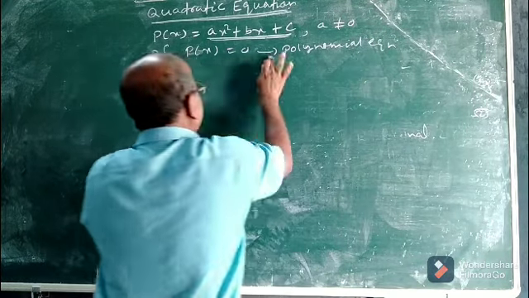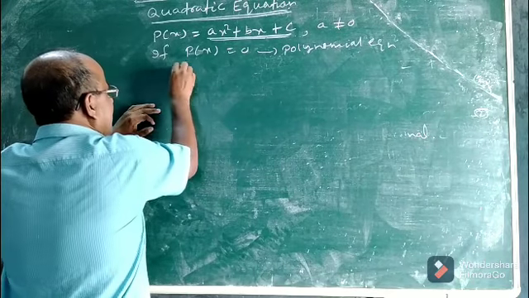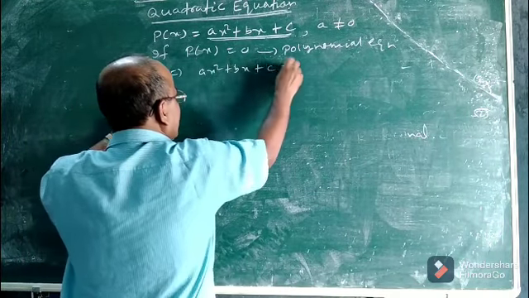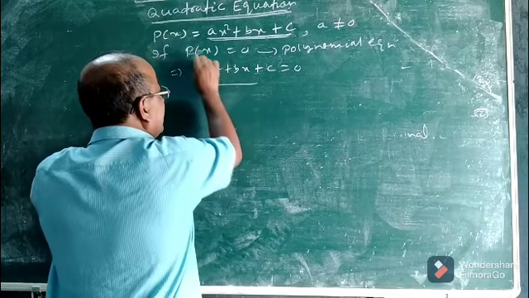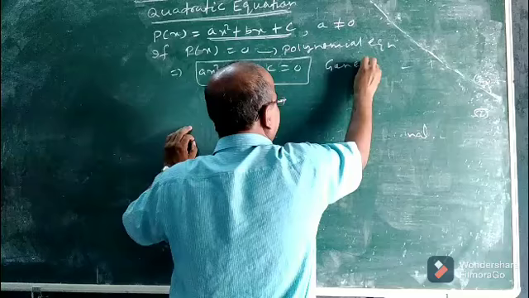This polynomial equation p of x equal to 0, that is ax square plus bx plus c equal to 0.